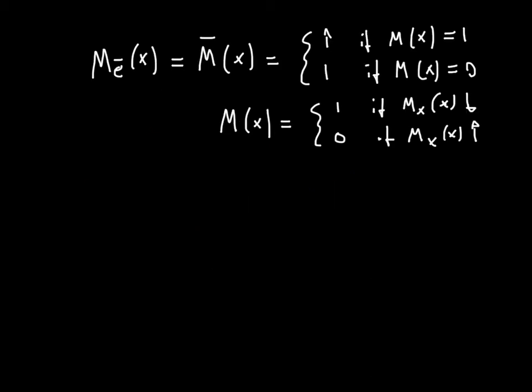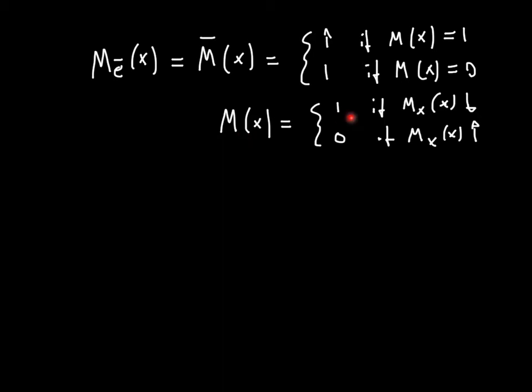So I've brought the two important definitions over to this slide. So m sub E bar of x is the same as m bar of x, which is undefined if m of x is 1, and is 1 if m of x is 0. Where recall that m is the machine that decides the diagonal halting problem, which we assume to be decidable.